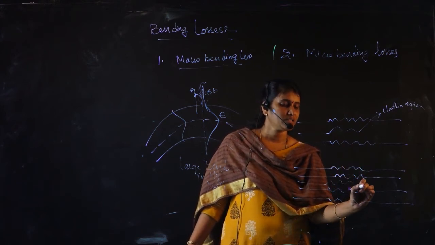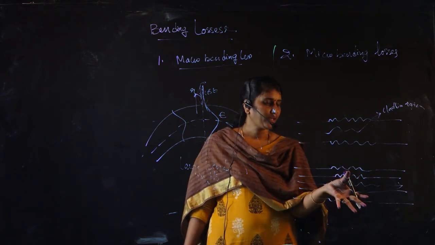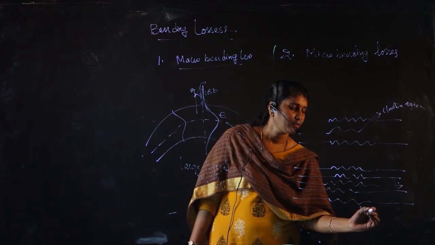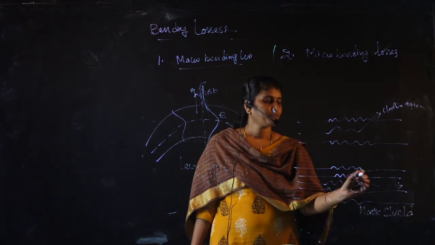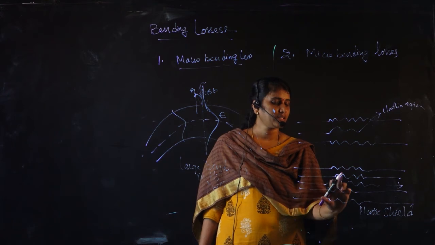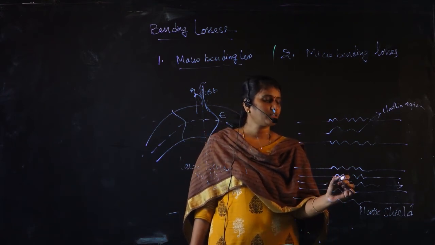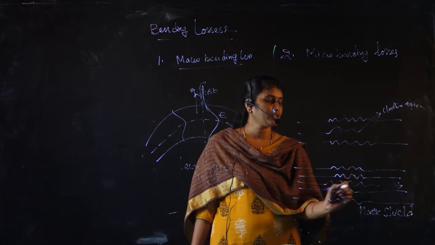By holding these curves in a very tight manner by the external plastic shield, whenever the light that is traveling inside the core region encounters the smaller micro bends, it does not tend to escape into the cladding region.